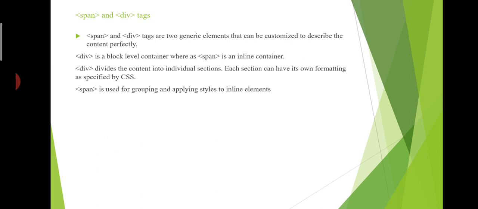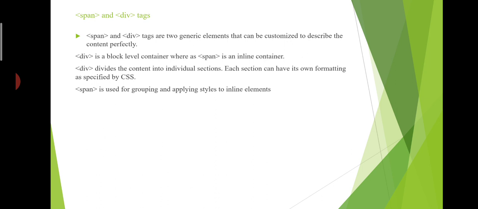Coming to span and div tags. Span and div tags are two generic elements which can be customized to describe the content perfectly. Usually they will ask short answer questions on span and div tags in the exam. Here div is nothing but the block level container, whereas the span tag is an inline container.